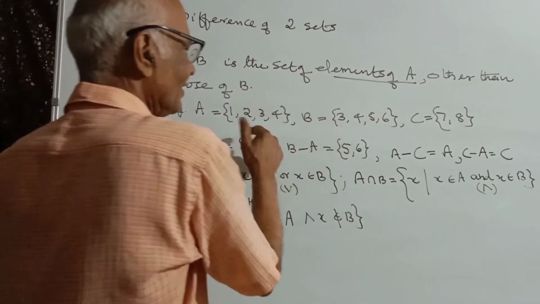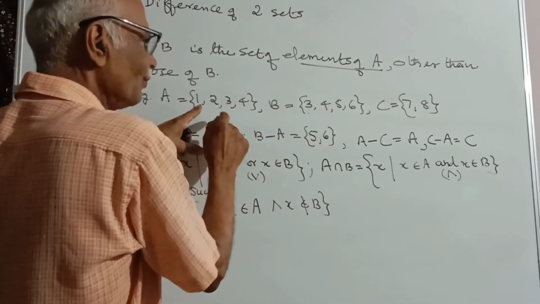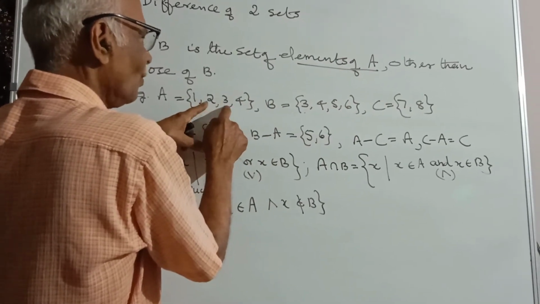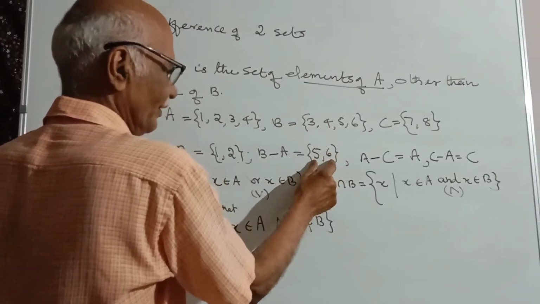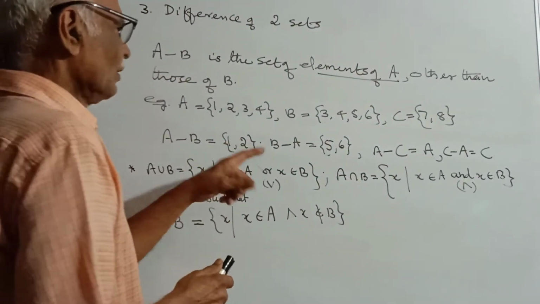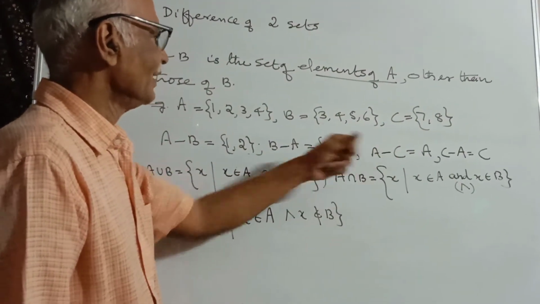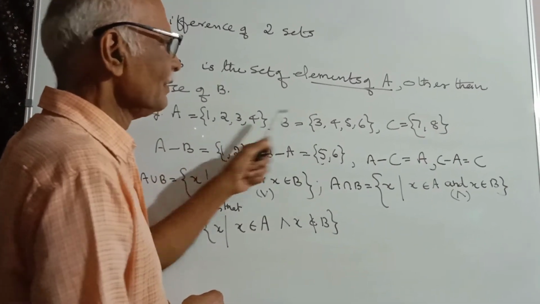So we remove. So A minus B is the set 1, 2. Now B minus A, we take 3, 4, 5, 6 and remove 1 or 2 or 3 or 4. So 3 and 4 are removed. So 5, 6. A minus C, you can see. A is 1, 2, 3, 4.